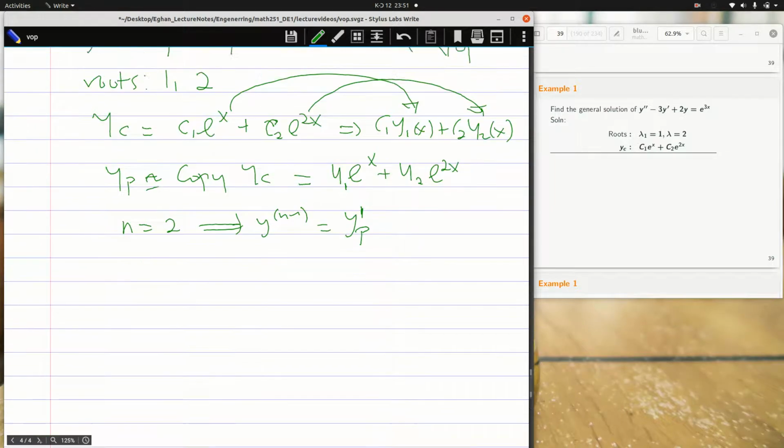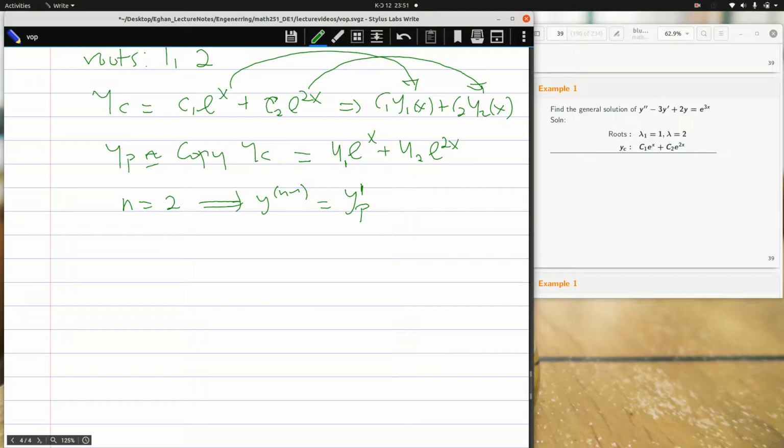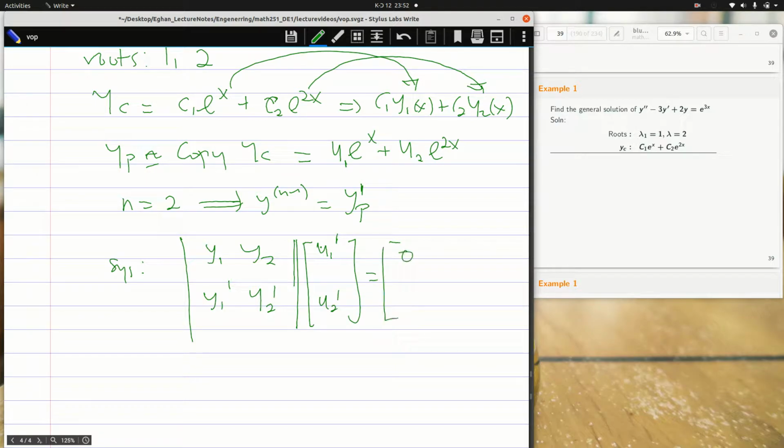So my system simply becomes the solution pieces and then their first derivatives. That is all. The unknowns here are u1 prime and u2 prime, which will be equal to the first term taking 0, the last term taking g(t) over a.